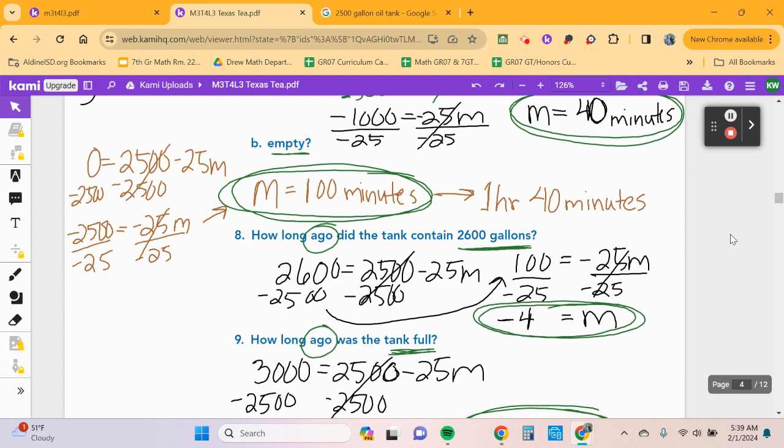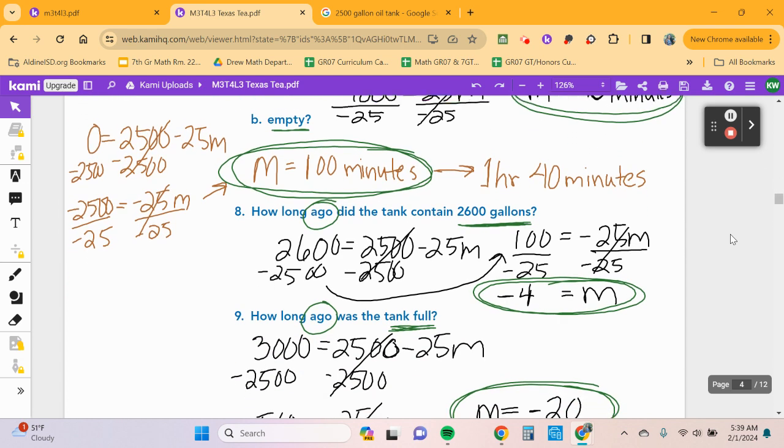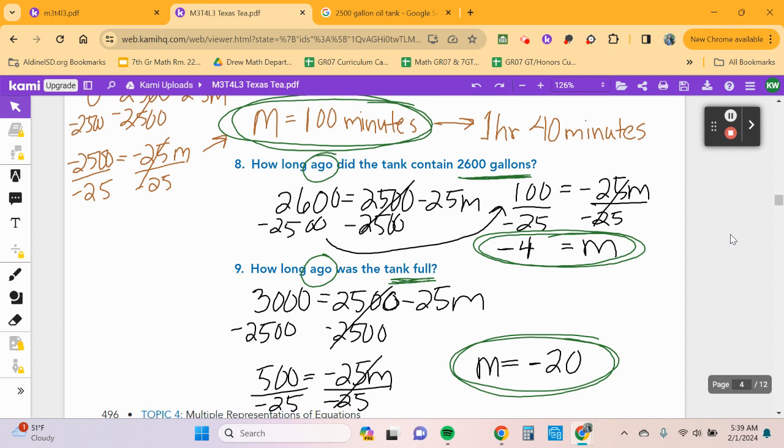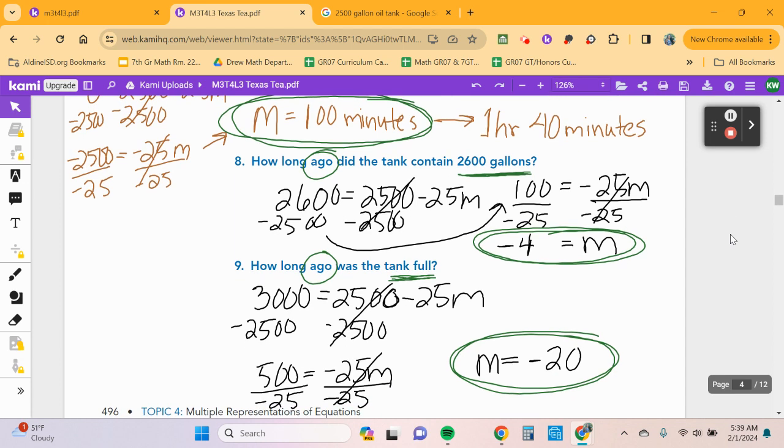For 8, it says, how long ago did the tank contain 2,600 gallons? Now, this, I got a little lazy. I didn't color code anything, but the steps, again, are the same. Subtract 2,500 from both sides. Then you got 100 is equal to negative 25m, and then divide both sides by negative 25. You should have gotten negative 4 is equal to m, which means the tank was 2,600 gallons 4 minutes ago.